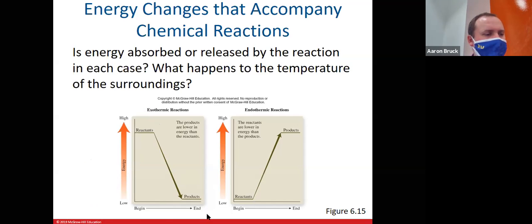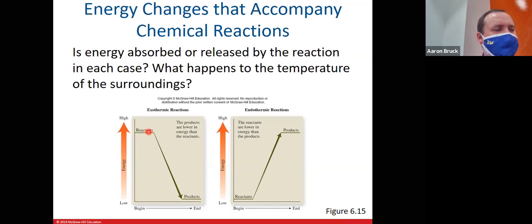So in the first diagram window here, the one that's marked exothermic reactions, how would we describe the energy transfer here? Are the reactants absorbing energy, or are the reactants releasing energy as they are being converted to products?